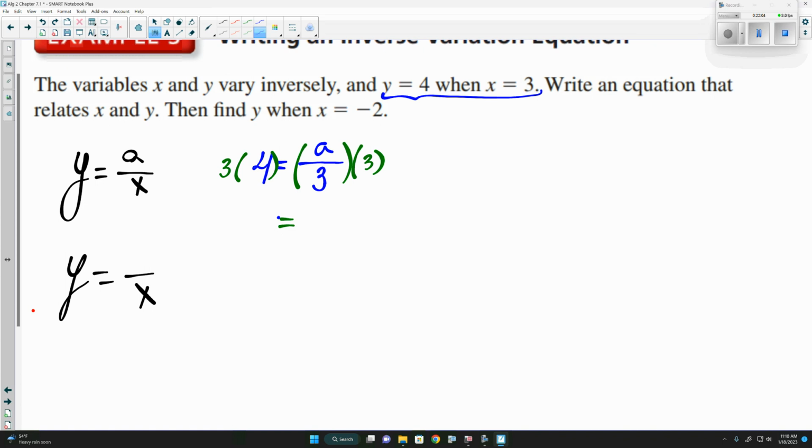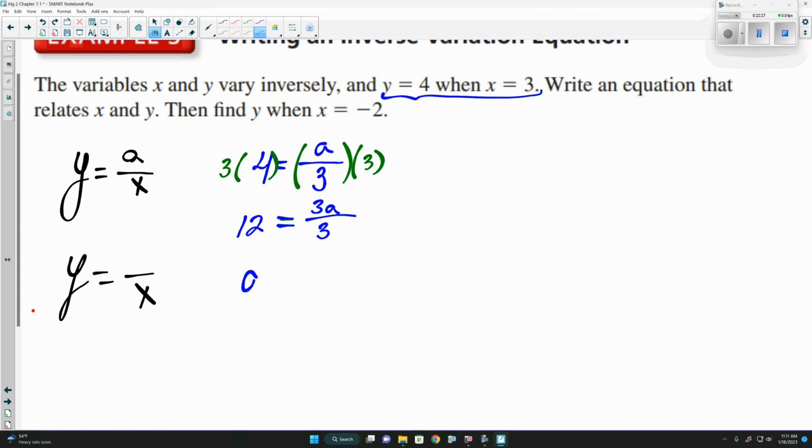Now the reason that this works is when we multiply a fraction by a whole number, we multiply with the numerator. So we're really saying over here that we have 3a divided by 3. On the left-hand side, 4 times 3 is 12. Now what is 3a divided by 3? Anything divided by itself is 1.